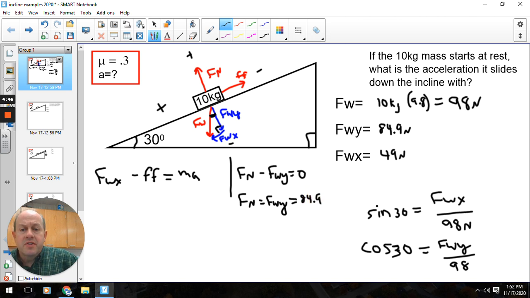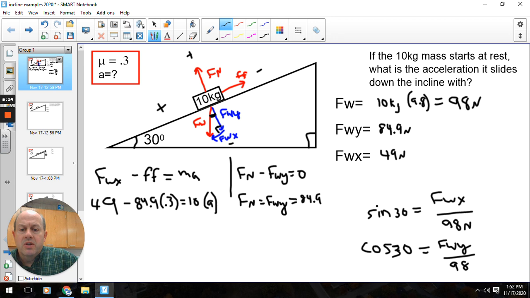Now over on this equation, we know force weight x was 49 minus our 84.9 force normal times our mu value was given to us in the problem of 0.3. And that's equal to our mass, 10 kilograms, times our acceleration.